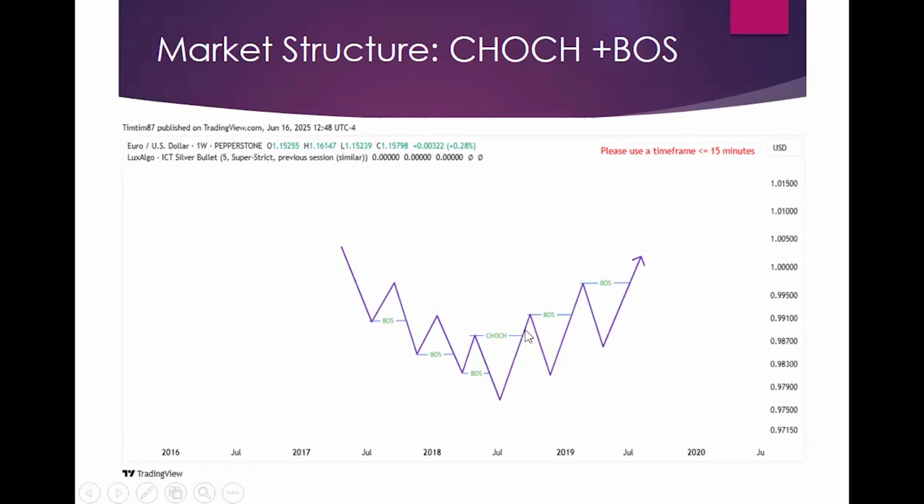Once that happens, we say that we now have a reversal from a downtrend to an uptrend. And here, what we have is a change in character. Therefore, we now start having BOS in an uptrend market, where the market is taking out the previous liquidity levels or previous highs, pushing up, then retracing like that.